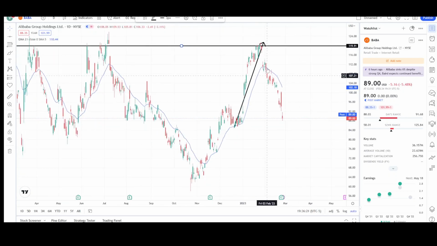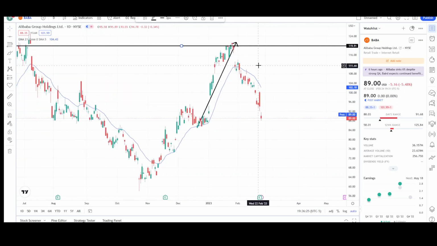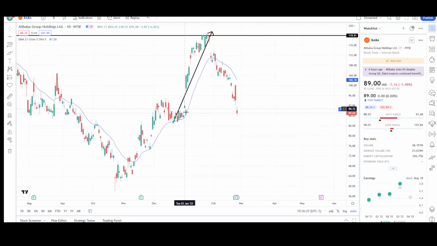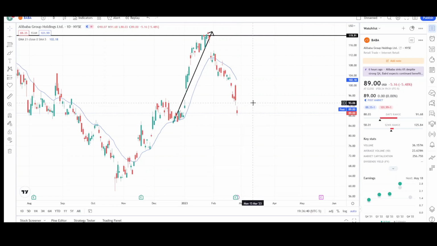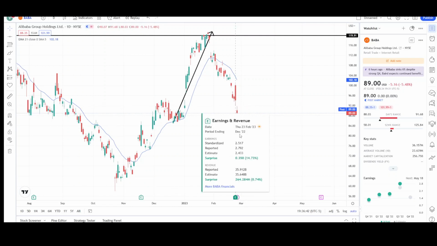So we had two legs up, overextended, and we were at a key resistance level. So we were going to get that pullback, and we had a lot of large gaps that were created on the way up. So this was looking like BABA was going to continue much lower. Earnings were released just yesterday in the morning.